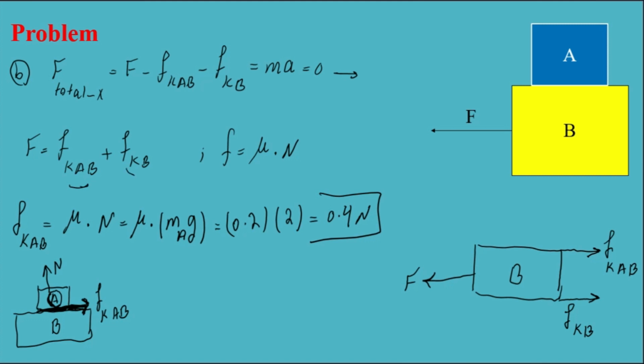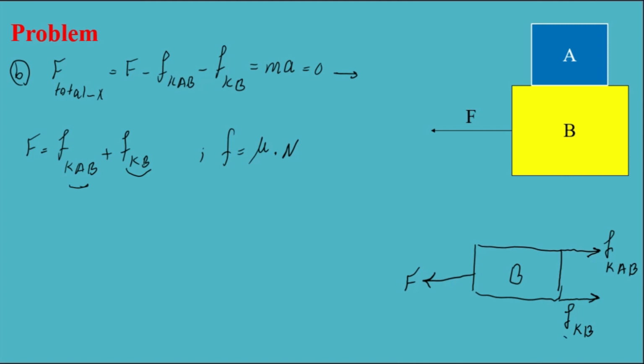Now I need to calculate FKB. So here I'm talking about this friction force right here, right? But remember, I have another object on top, which is A. So the normal force here is going to be the normal force of both of these objects, A and B. So the whole thing right here has one normal force on top.